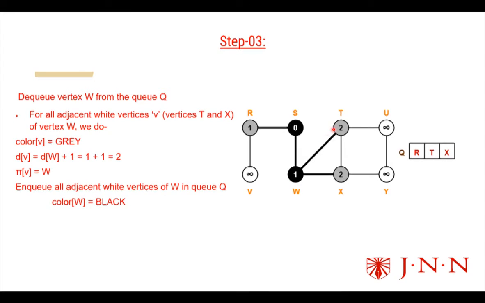So it has two branches, that is T and X. Then they have two ancestors, and that's why those vertices are filled with the value 2, that is T and X. Then Q has been filled with R, T and X. Then the color of W becomes black.